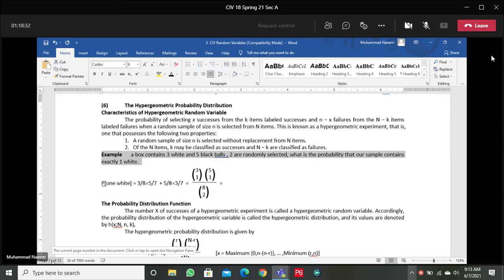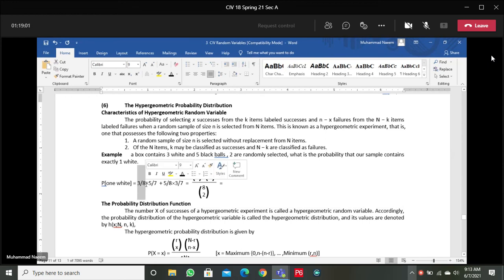Maybe there are many parts here: exactly one white, both white, none of the two white, at least one white, at most one white? One of them is discussed here: what is the probability that one is white. This one white may be the first one, or it may be the second one.